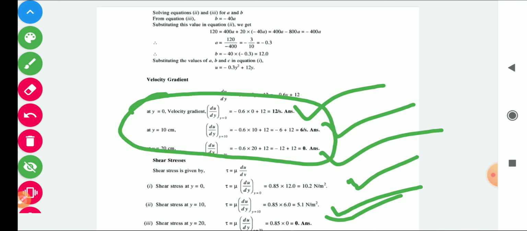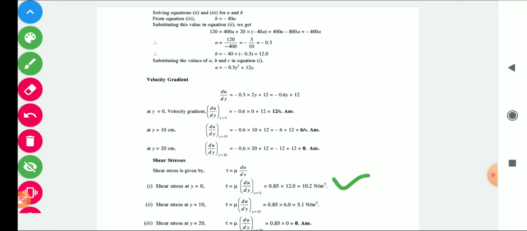The final values are: shear stress at y equal to 0 is 10.2 Newton per meter square, shear stress at y equal to 10 is 5.1 Newton per meter square, and shear stress at y equal to 20 is 0.